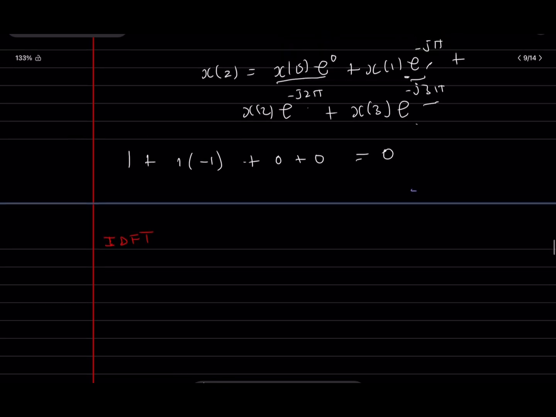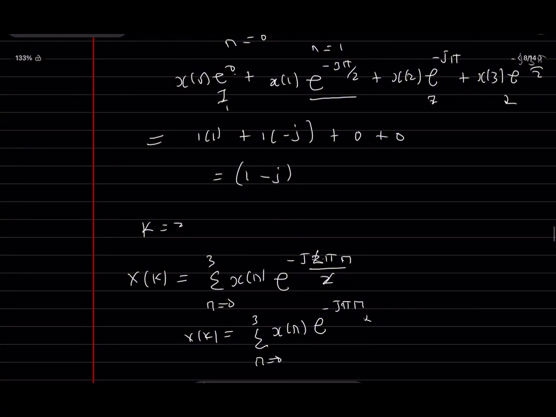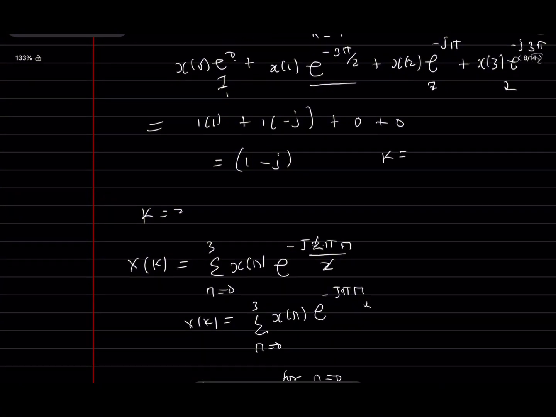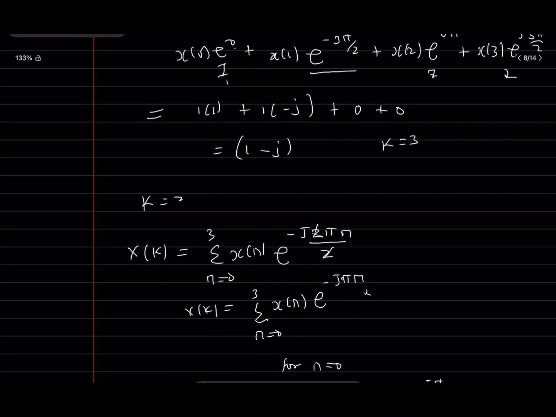And then the last one that I want us to talk about, don't have much space here, so let's talk about it over here. So for k equal to 3, I'll show you something right now.